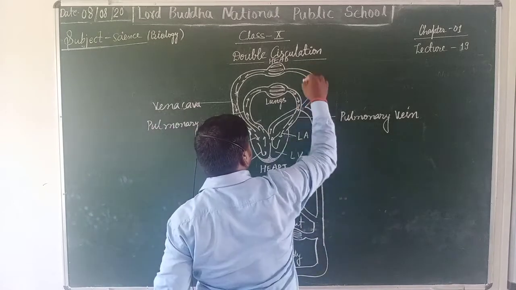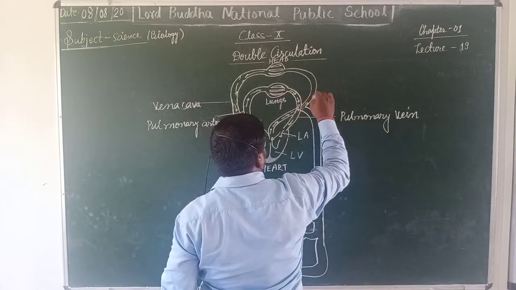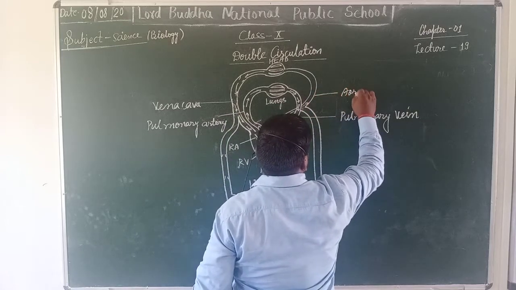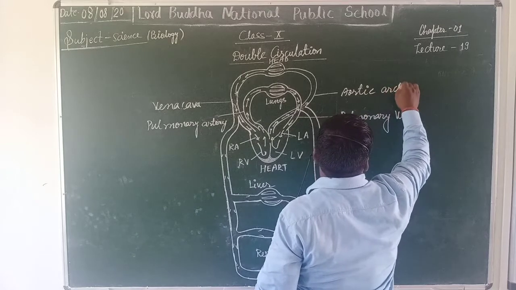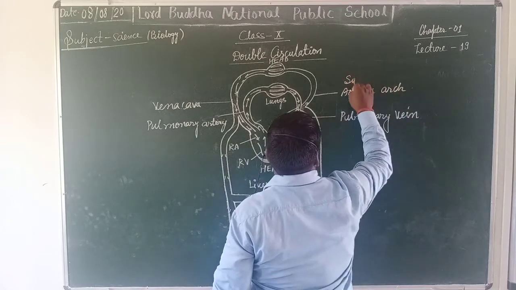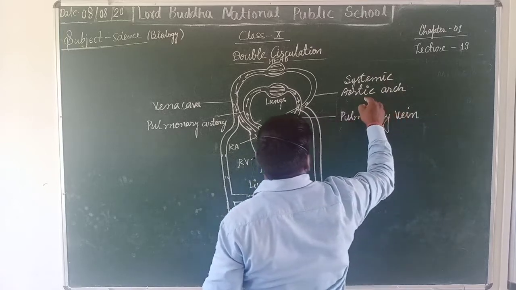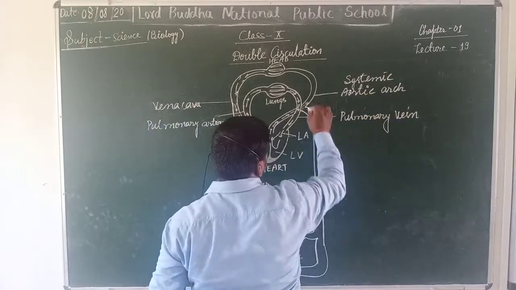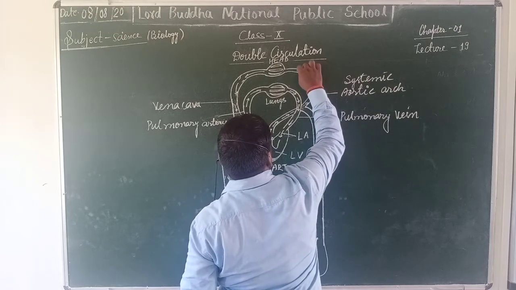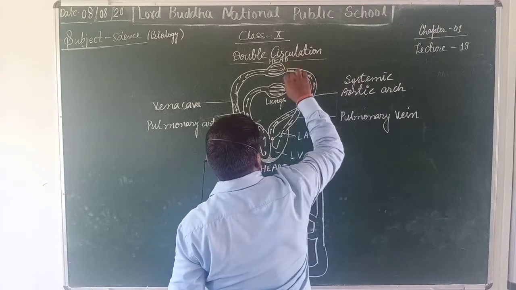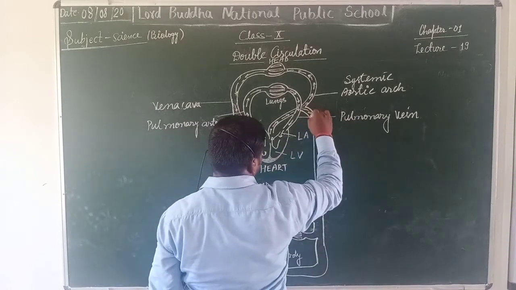Now the systemic aortic arch helps in the distribution of the oxygenated blood from the left half of our heart to the different parts of the body.